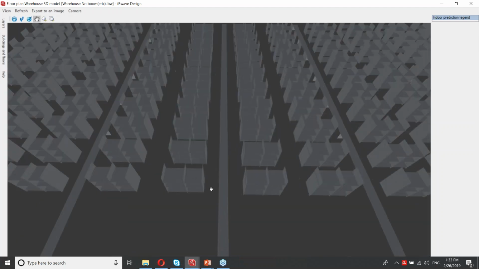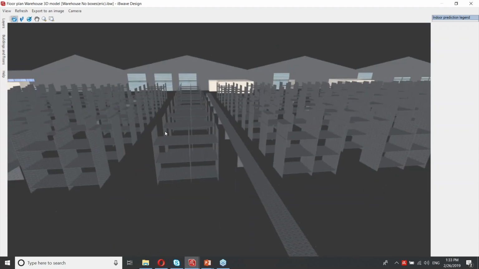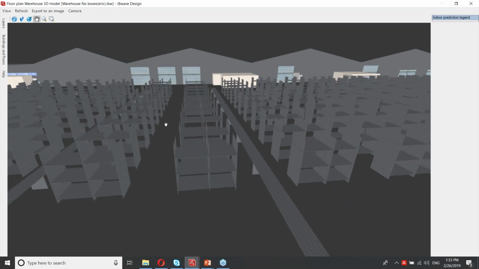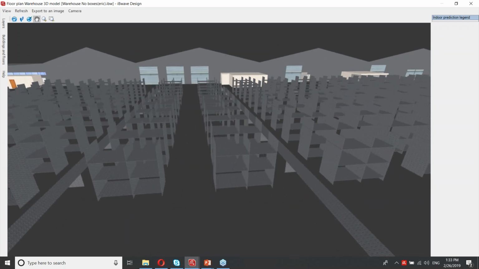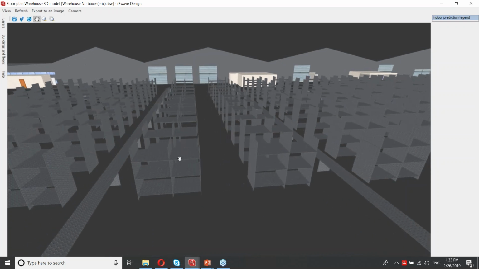And here is how the shelves are modeled. The shelves are about 3.5 meters high, which is of the order of about 11 feet. And I have various levels of the shelves as well.